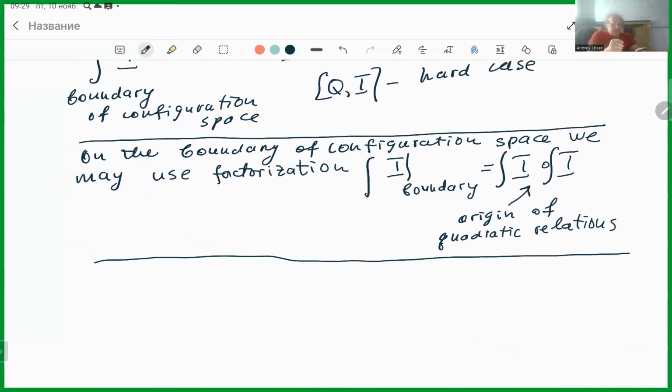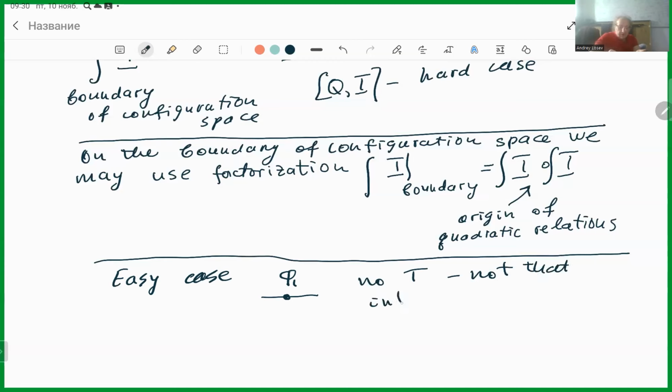So first we will study the easy case. Only one phi 1 standing here. No t's. Not that interesting.